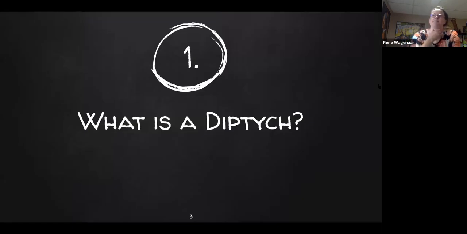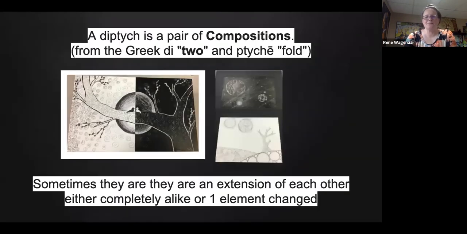So this is one my students tend to enjoy. We start by talking about what a diptych is, and we look at historical references. And basically, we talk about how the two compositions work together to essentially create one work of art.